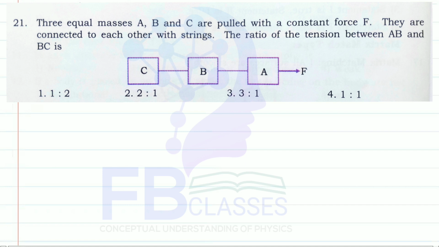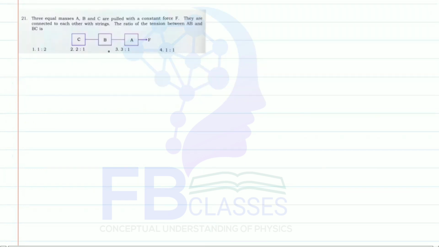My dear students, I am going to read the question. Three equal masses A, B and C are pulled with a constant force F. They are connected to each other with a string. The ratio of the tensions between AB and BC is? Okay, so he asks for the ratio.